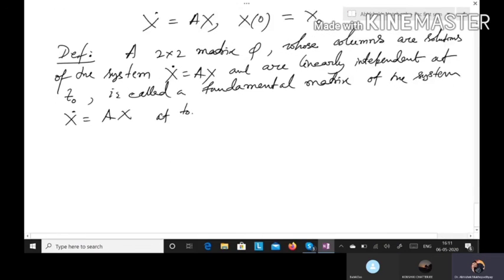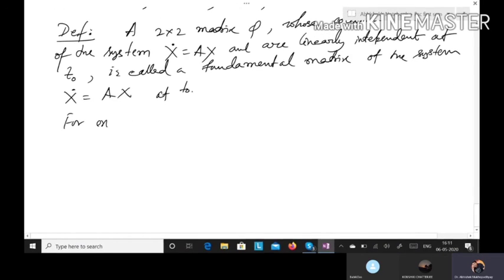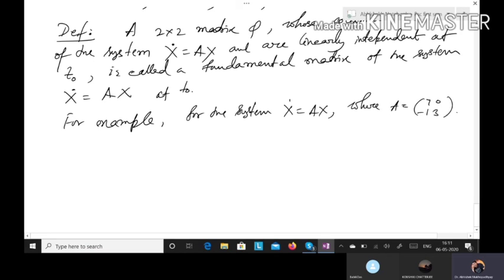For example, just look at the example, you will get the flavor of this discussion. For the system x dot equal to Ax, where A is [1 0; -1 3]. Now it is your duty to solve this problem.